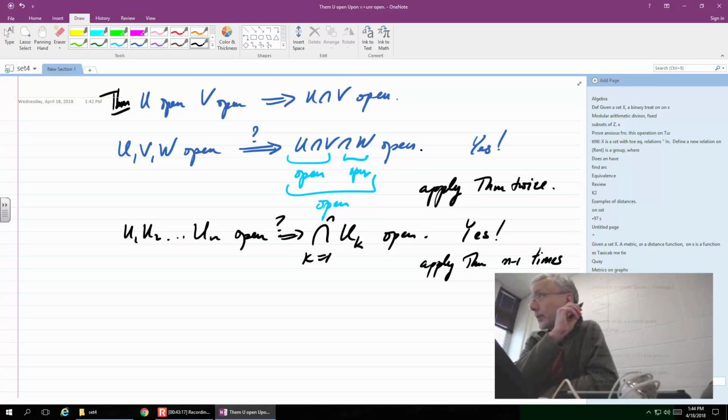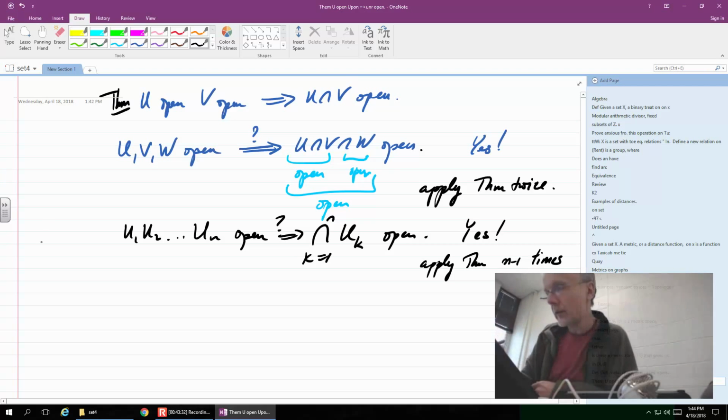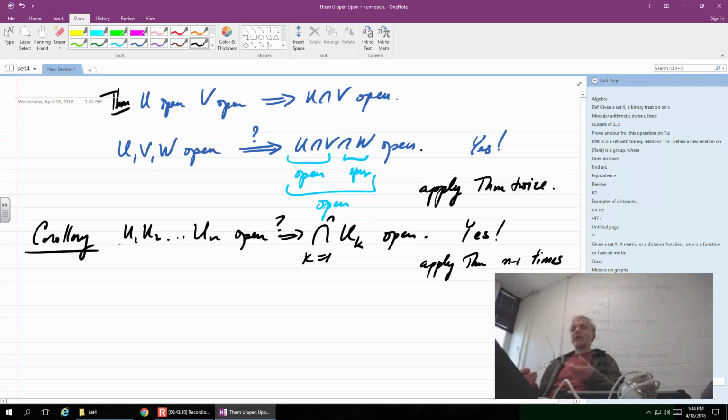So how do we proceed from this point on? Is there anything else to ask about this situation? So it is indeed an inductive proof, and we'll call this the corollary. So we have n open sets in the metric space.